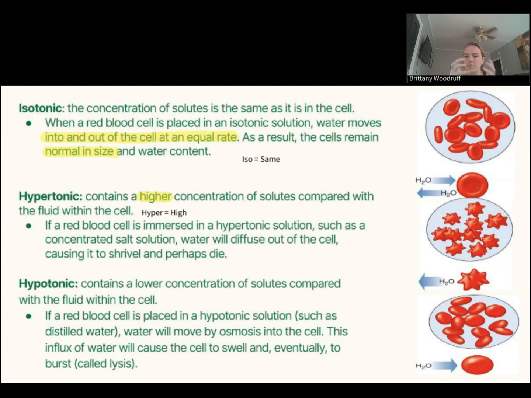So it is moving from inside of the cell where it is lower to outside of the cell where it is higher. So water will diffuse out of the cell. When you are losing water, those cells are getting shriveled up. So shrinking.